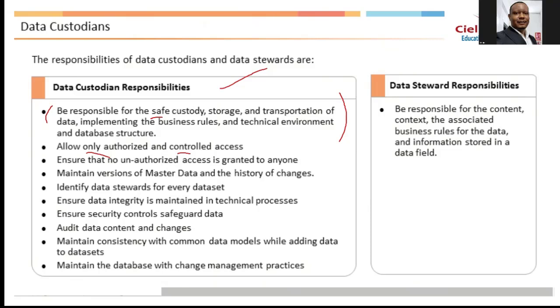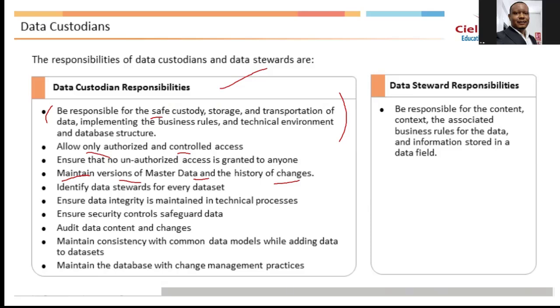Aside from that, they should also maintain versions of master data and history of changes. So the data custodian keeps track of the master data versions and ensures that there's a history of changes to the data.